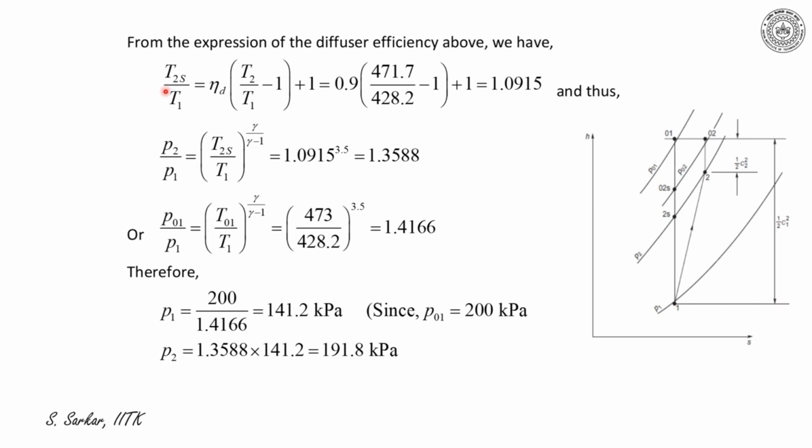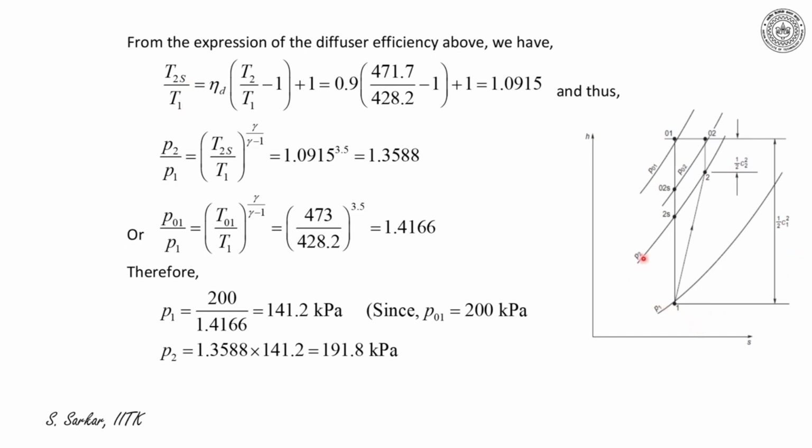Hence T2S by T1 is equal to 0.9 within bracket 471.7 divided by 428.2 minus 1 plus 1. If you evaluate this, you will get 1.0915.